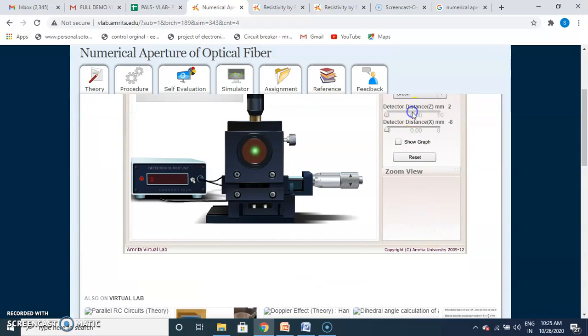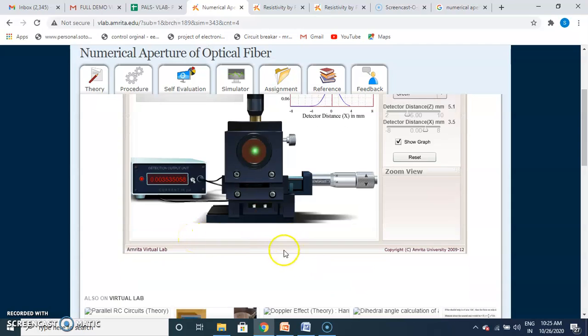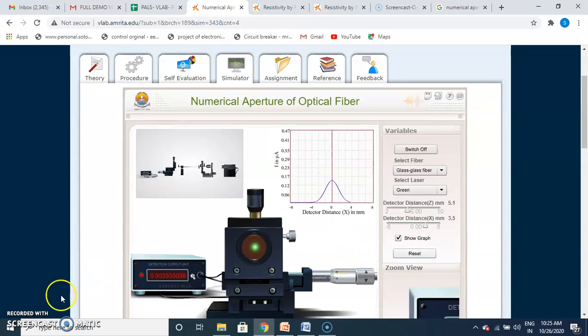This distance I'm selecting as 5.1, and the detector distance I'm selecting as 3.5. Show graph, so that you will get the detector distance, and the radius of the spot is 0.0035. So from this we can calculate the numerical aperture. So thank you.